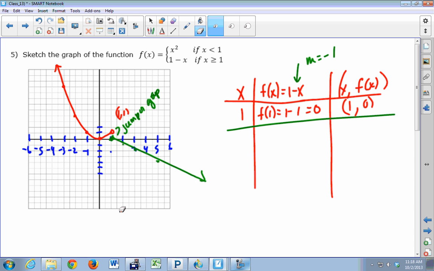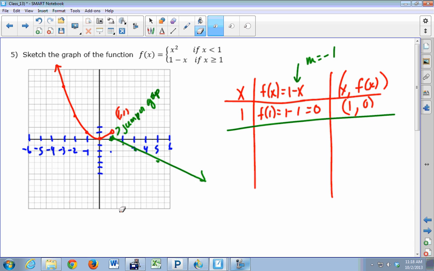Because if I had an equals 1 here, then I'd have that dot filled in, and then it wouldn't be a function anymore, because I wouldn't know what my value was at 1. Am I defined to be (1, 1), or am I defined to be (1, 0)? We had one of these pictures when we first were learning about the vertical line test. So you're a parabola up until 1, and then at 1, you're (1, 0), and you're a straight line with a negative slope forever and ever.